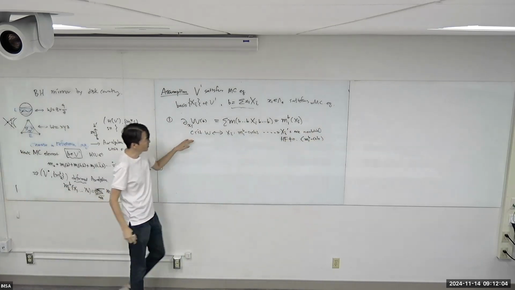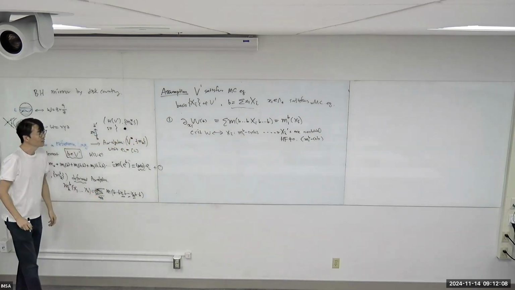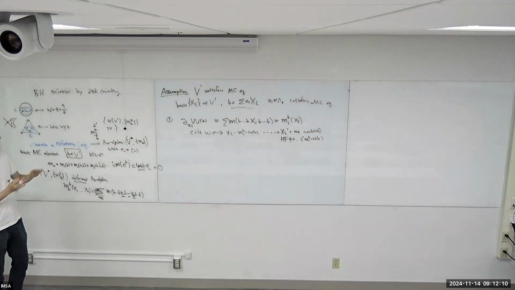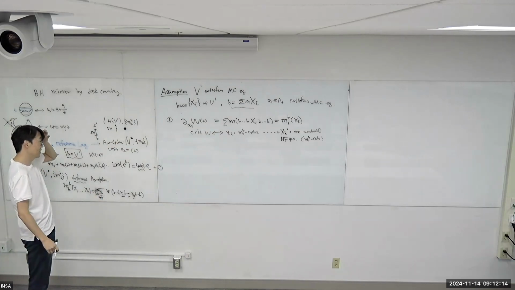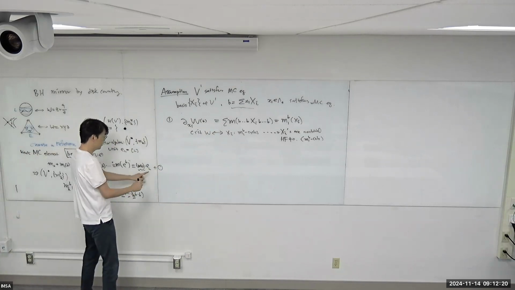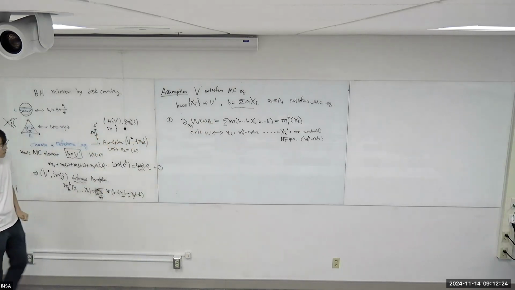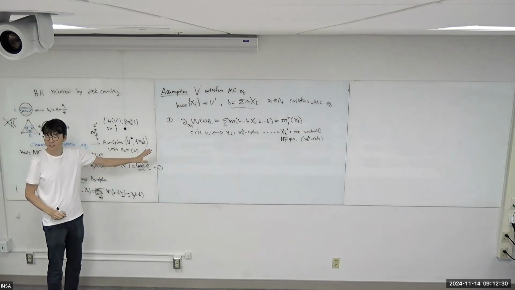So at a critical point, we have non-zero flow homology. The other direction also works. If it's not a critical point, then the flow homology vanishes. I think we should still have a unit here, but anyway. So that's what we did last time.